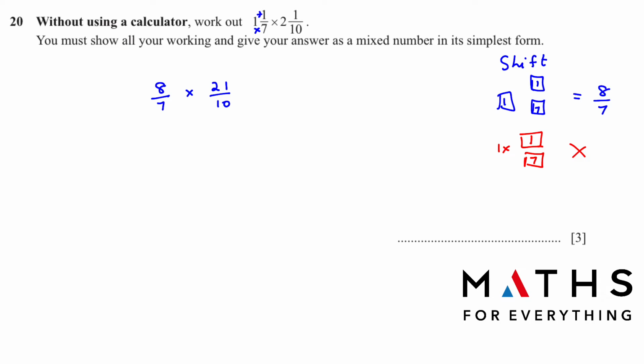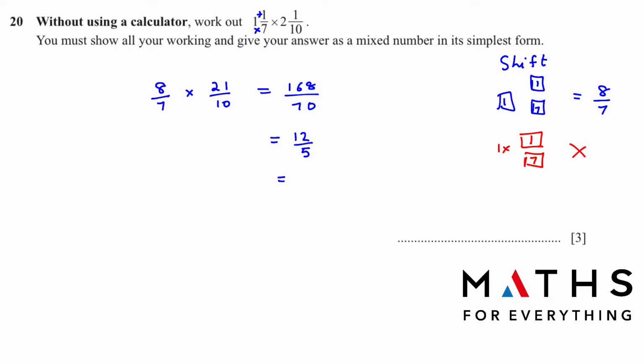Now, because it's a 3-mark question, we want to show more steps. Multiply the top. So 8 multiplied by 21 is 168. And 7 multiplied by 10 is 70. Put this in the calculator now and you will get 12 over 5. After this, you want to change it to a mixed number.